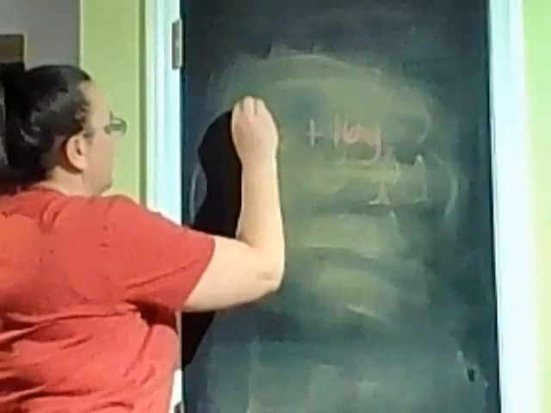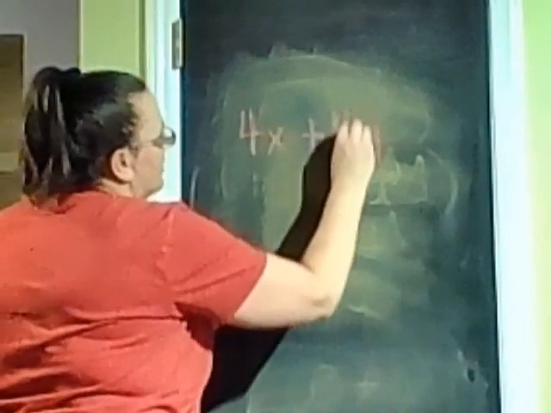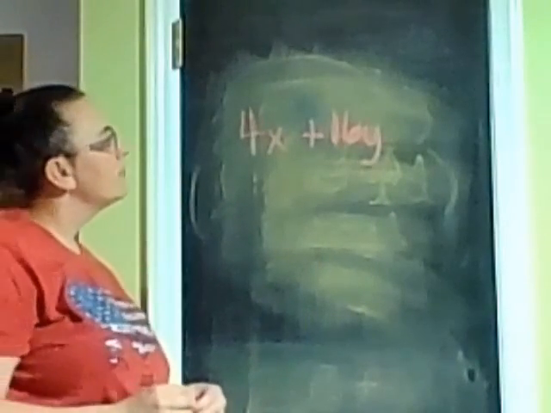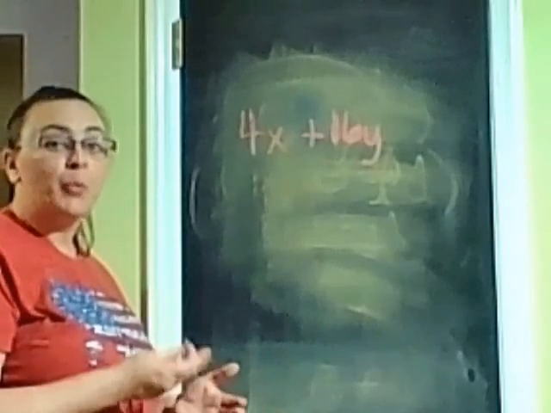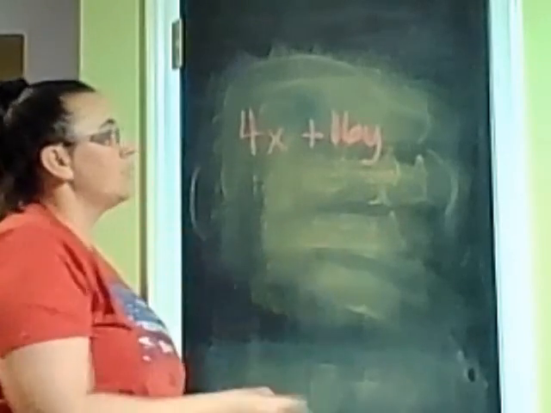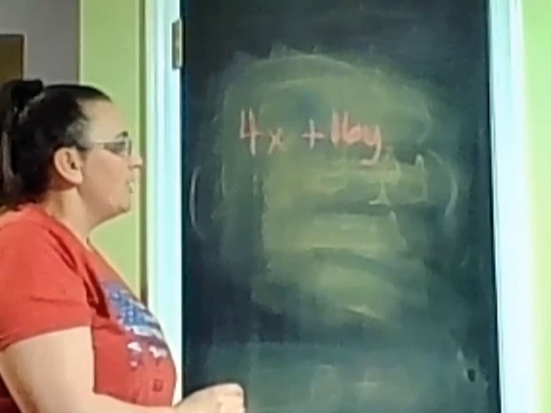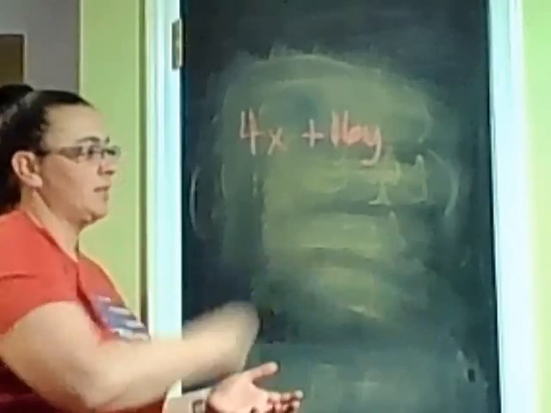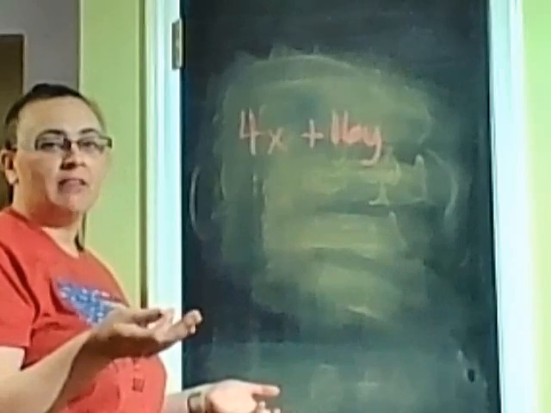Okay, so now I have 4x plus 16y. I want to find what the distributive property would have looked like, because this is like the answer. So I need to work backwards. So if something was handing out Halloween candy and distributing it to each variable, what would that Halloween candy have been?